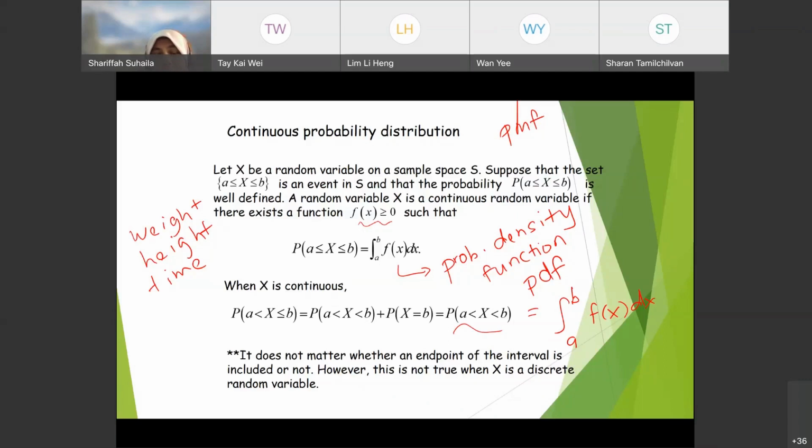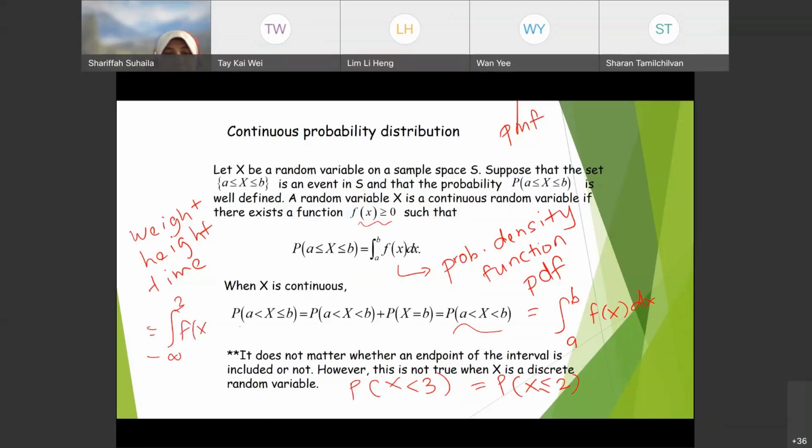However, this is not true when x is a discrete random variable. So if we mention discrete random variable, if you want to find, let's say, probability x less than 3, that means it does not include 3, you just find x less than or equal to 2. But if this one is a continuous function, probability x less than 3, for example, we still integrate from minus infinity up to 3 of f(x) dx.